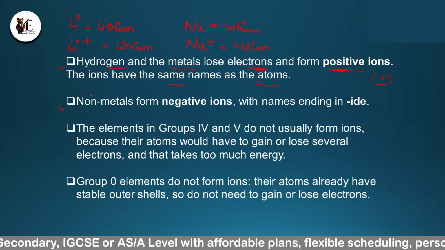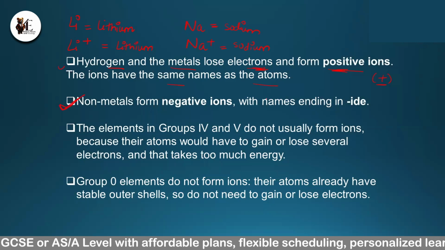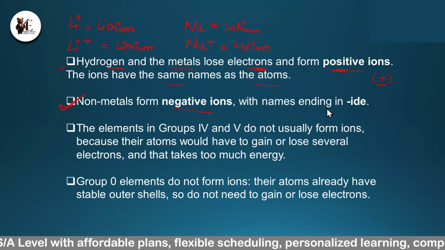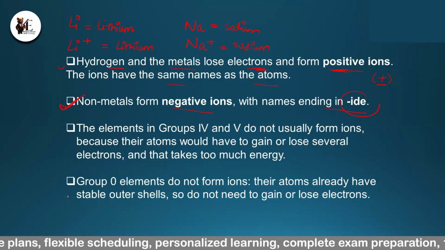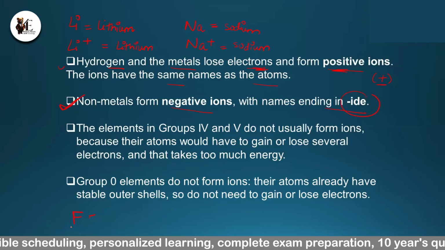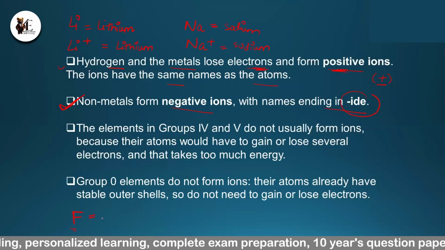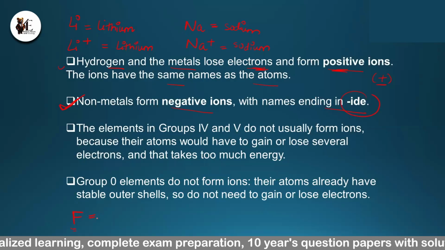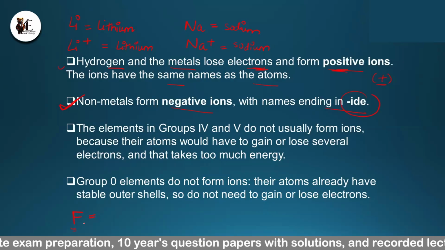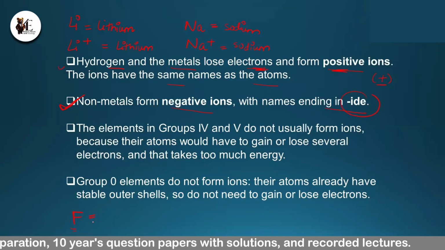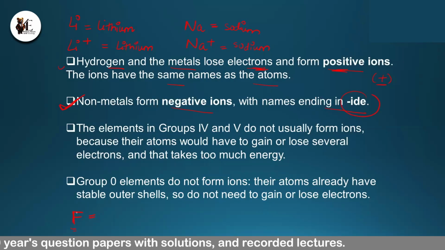But non-metals form negative ions, with names ending in IDE. Let us see the example. What is it called? F. Which element is it? Tell me, looking at your periodic table, which element is this F?